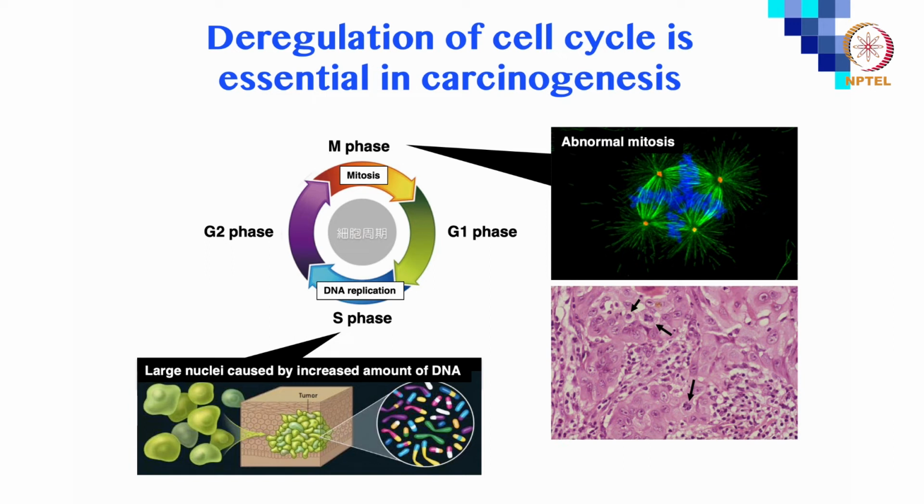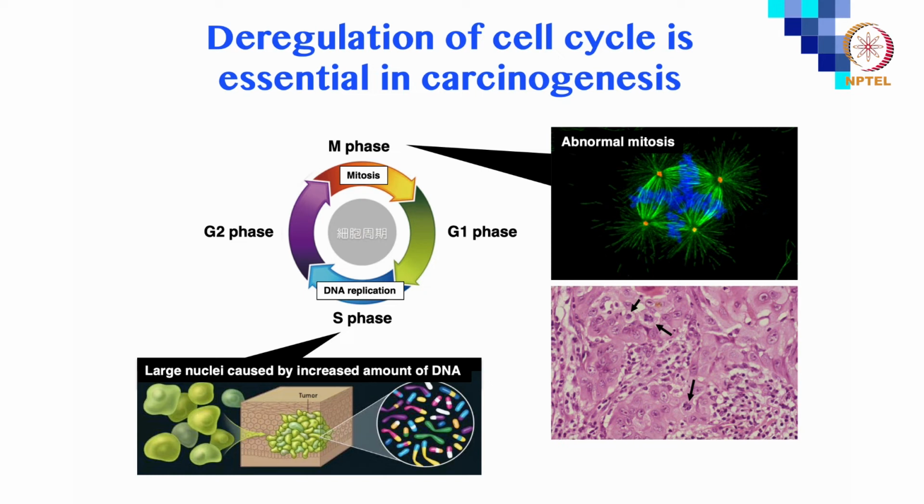Cell cycle is a series of events that take place in a cell that cause it to divide into two daughter cells. These events include DNA replication and cell division. The cell cycle consists of four distinct phases: G1, S, G2, and M. S phase is DNA replication.